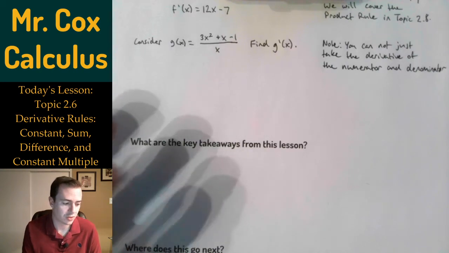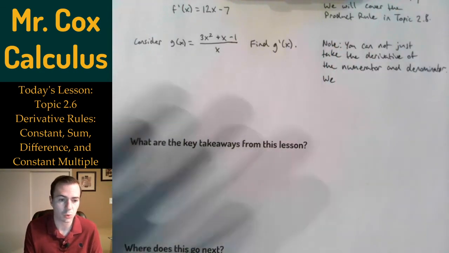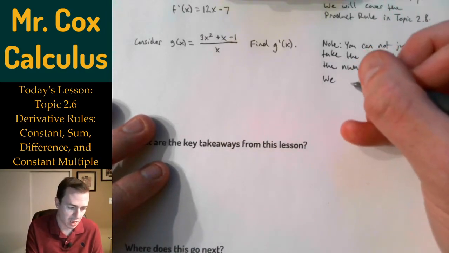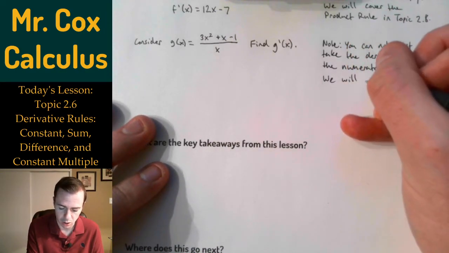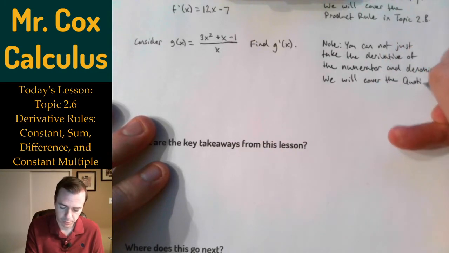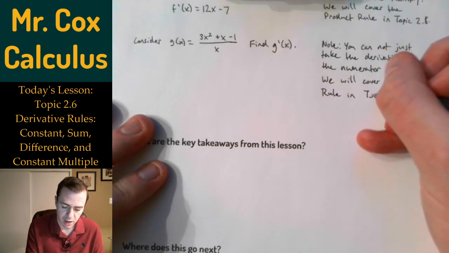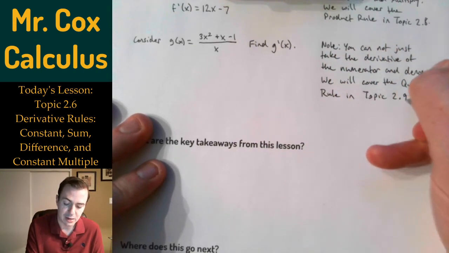That's not going to work that way. Instead, just like how we have the product rule that we'll cover later on in this unit, we also have something that we call the quotient rule. And we actually learn it in the subsequent topic, topic 2.9.